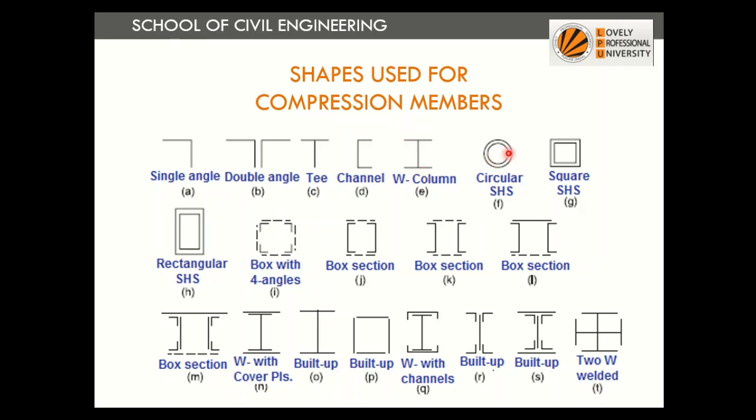And this circular section, the hollow section, basically increases the torsional capacity of the section. This plate built shape of columns you have also seen in railway stations and many steel structures. So these are also commonly used as compression members.